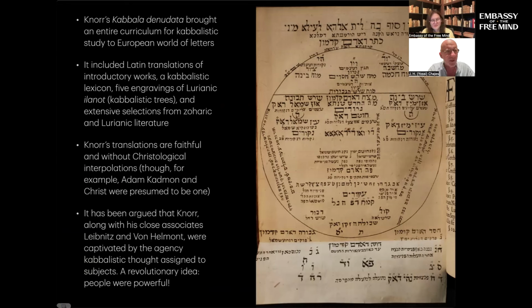And he commissioned a very fine engraver, the man responsible for the frontispiece that you saw a moment ago, to replicate the manuscript Ilanot that he was able to gather, five of them, and they all appear on fold-out pages in an appendix to the first volume.